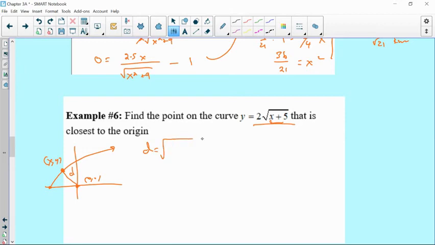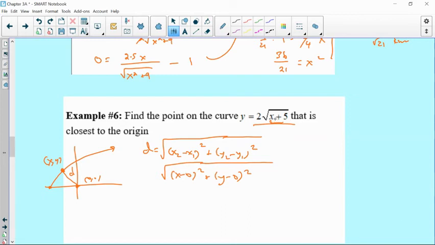So distance equals the square root of, generically speaking, x2 minus x1 squared plus y2 minus y1 squared. And then that's x minus 0 squared, so that's nice, and then plus y minus 0 squared, which is also nice.